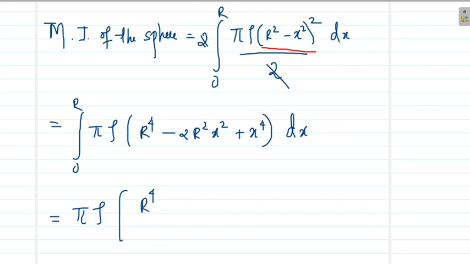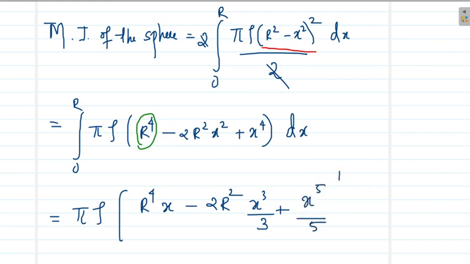Integration is r raised to 4 multiplied by x. R raised to 4 is a constant. So integral 0 to r dx is simply x, minus 2r square into integrating x square, we will get x cube by 3, plus integrating x raised to 4, we will get x raised to 5 by 5, and the limit is from 0 to capital R.